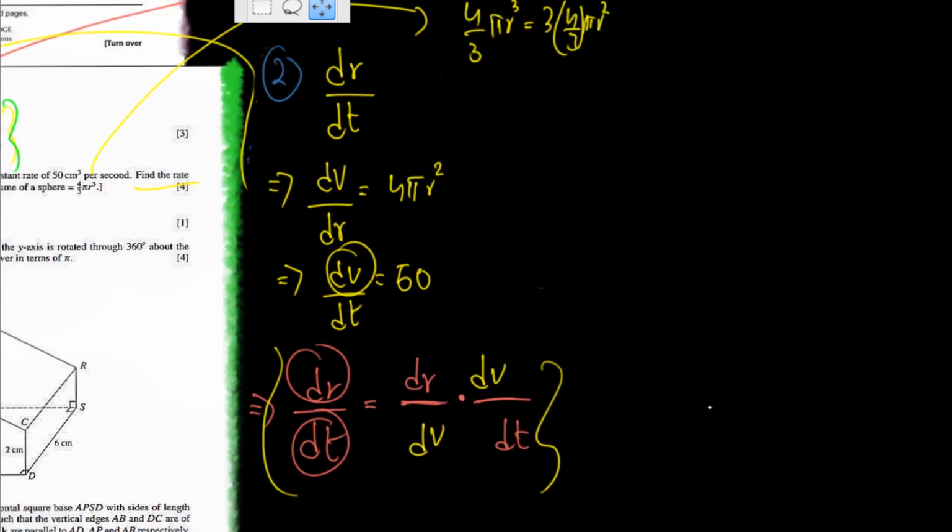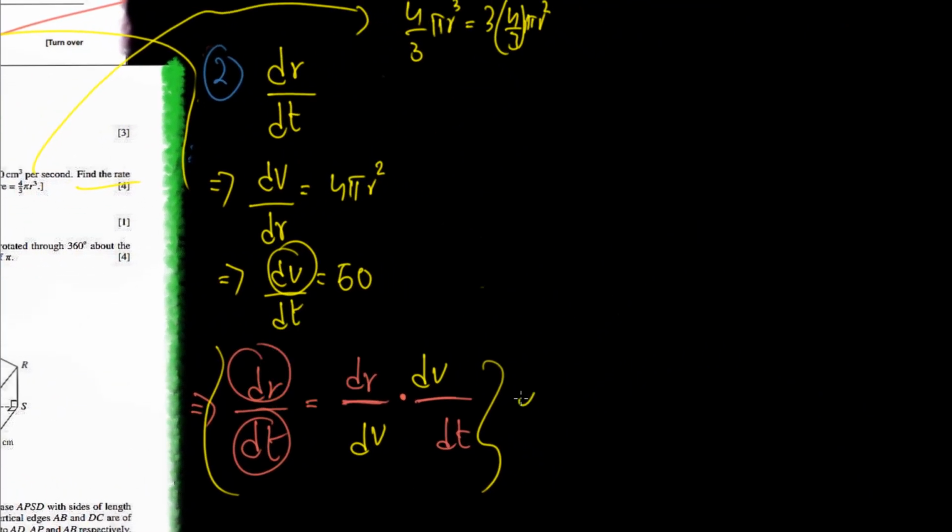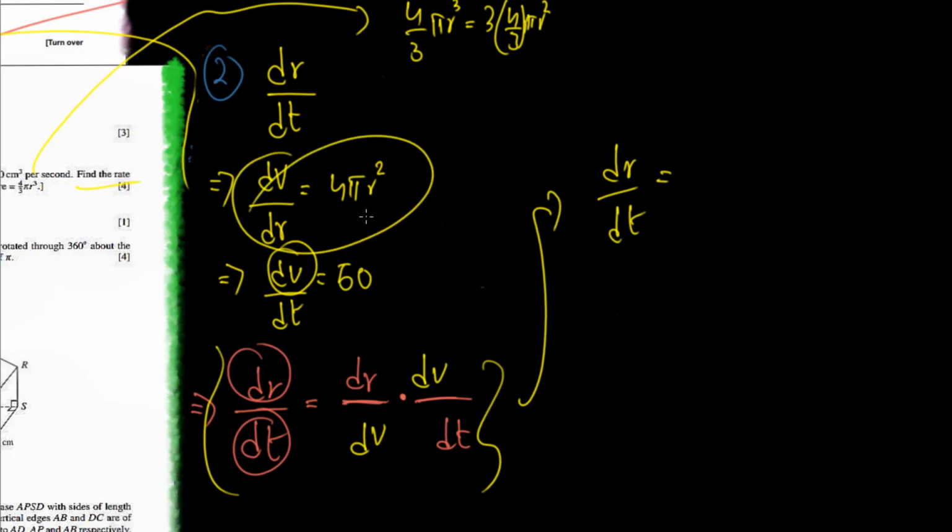All I have to do right now is plug in my values and solve the question. So dr by dt is equal to dr by dv, which is 1 by 4 pi r square, multiplied by dv by dt, which is 50.